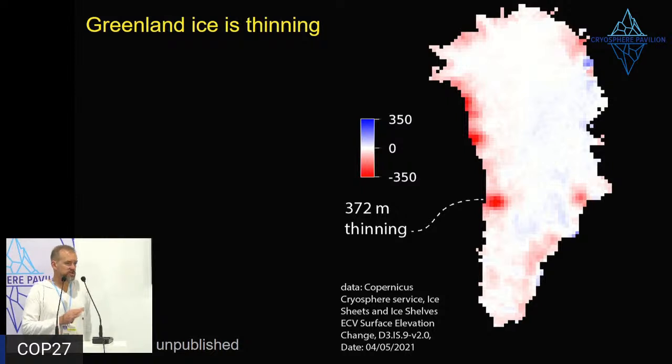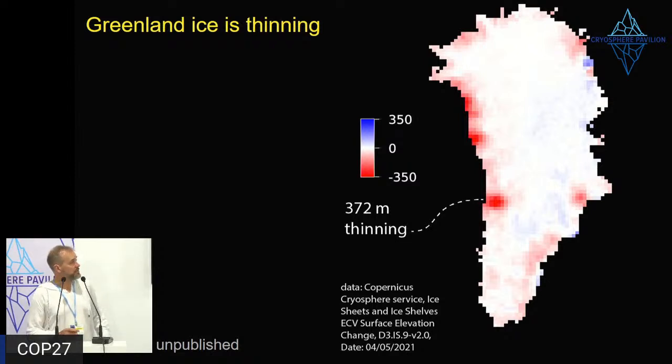What we do observe here is surface elevation change or thinning from Greenland, and in a number of areas there's 300 meters of thinning from 2000 to 2020.